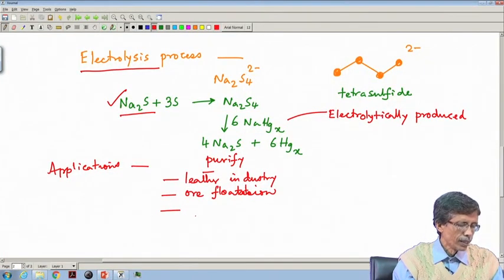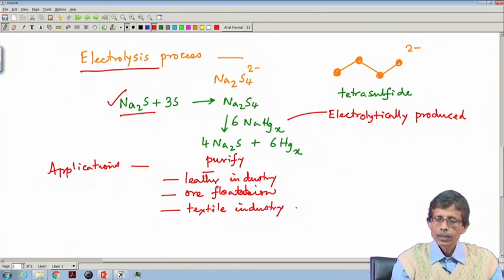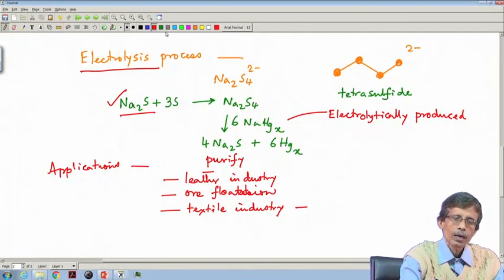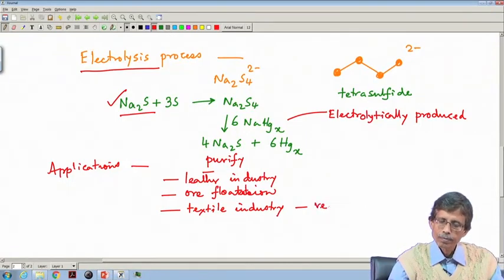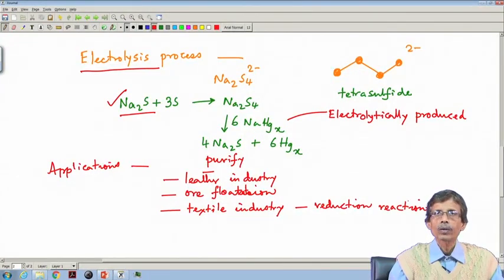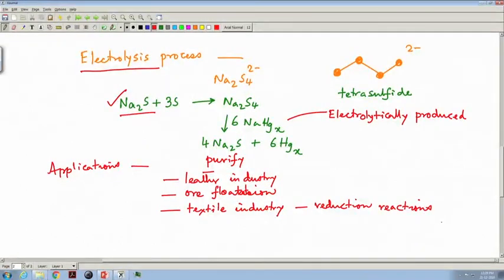Then in the textile industry, again for different types of reduction reactions, you can use it. Those reduction reactions can be useful for decolorization or change in color, or sometimes for achieving a particular color.